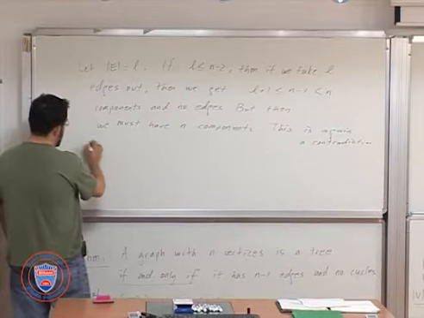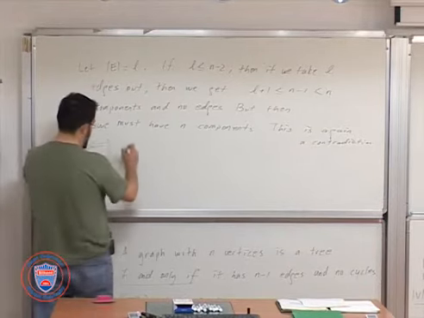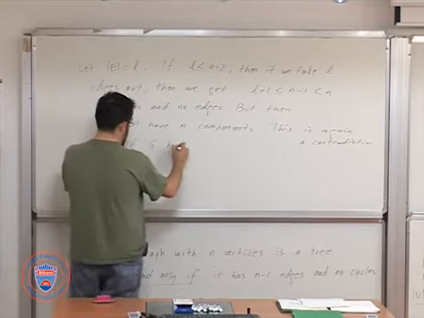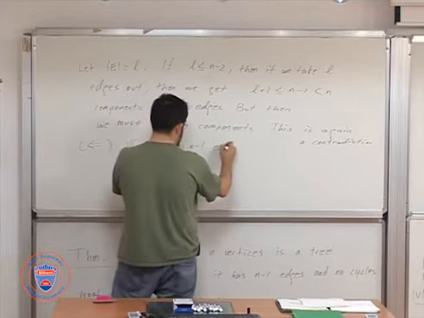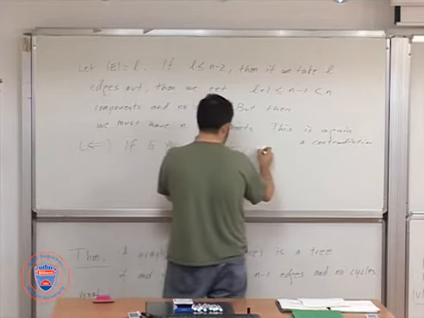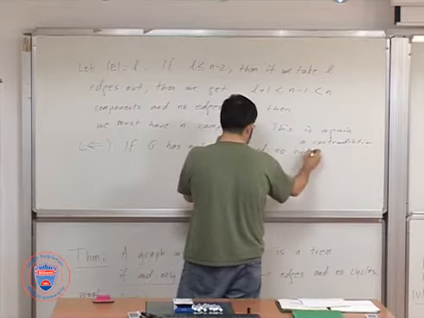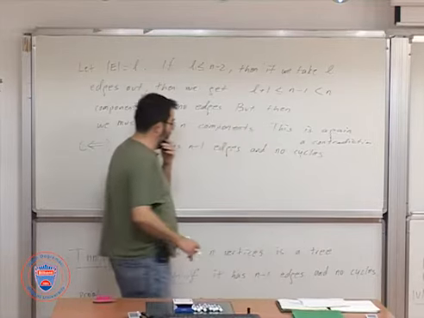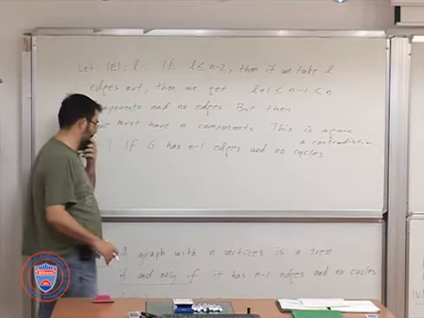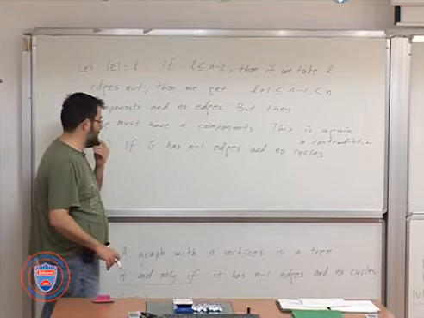This whole discussion actually covers the other case too. So if G has n minus 1 edges and no cycles, so when you have no cycles, you again can say all edges are bridges, right?